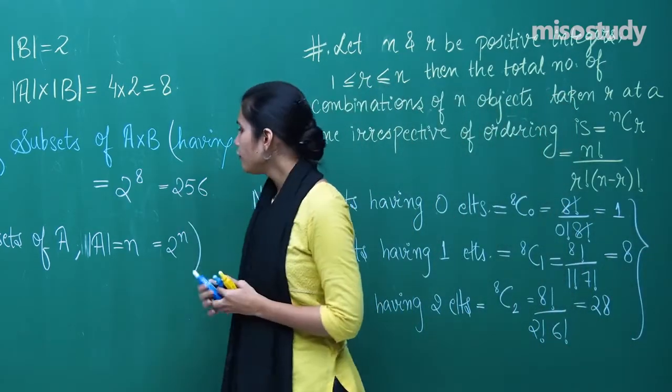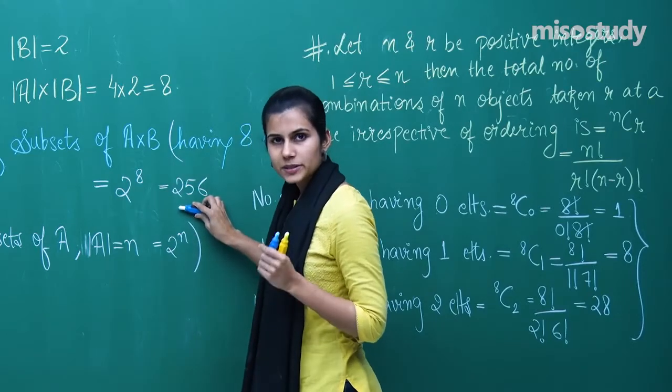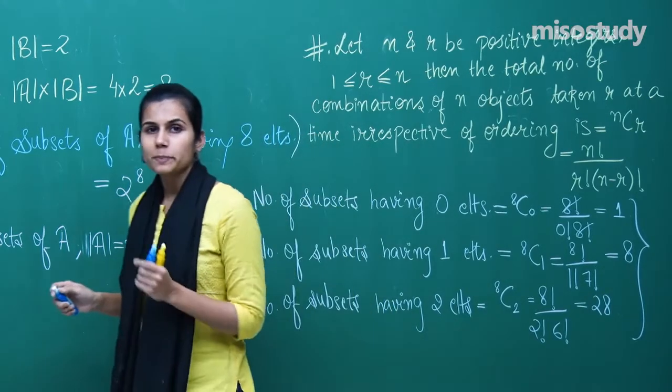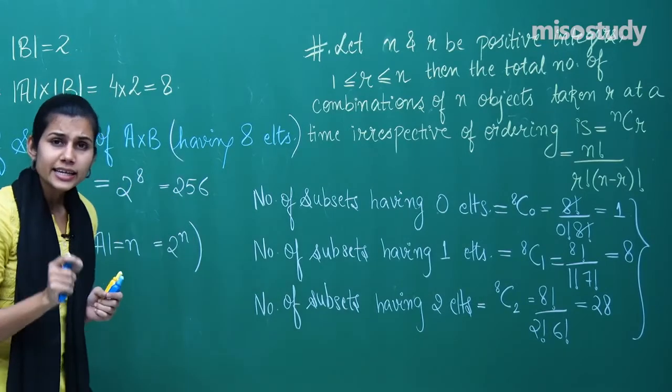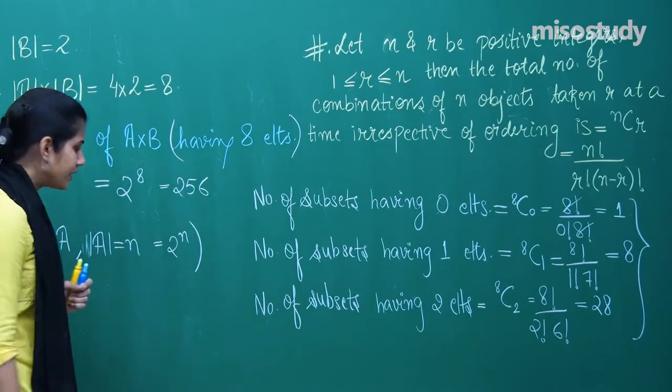So out of 256 subsets, the number of subsets which contain at least 3 members, what are they?